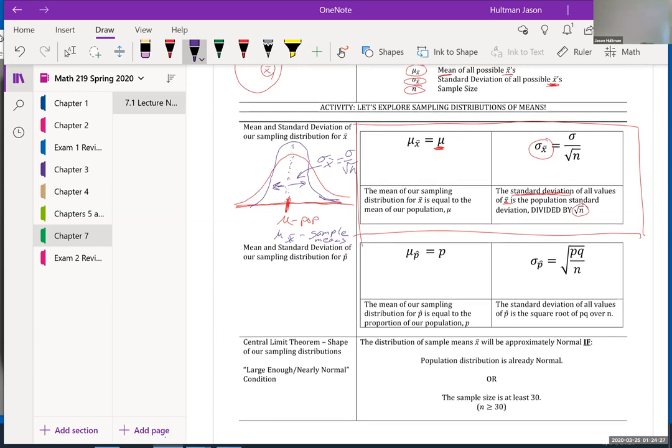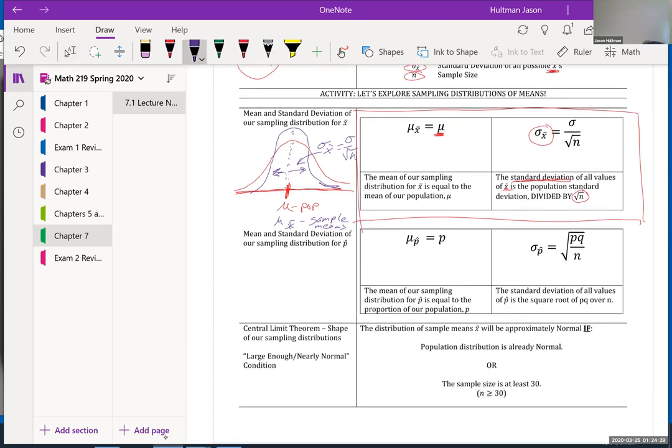Now the central limit theorem says the shape of our sampling distribution of sample means will approximately be normal if, one, we already knew that the population was normal. If we were given a normal population to begin with, then we're just going to stay with a normal distribution.